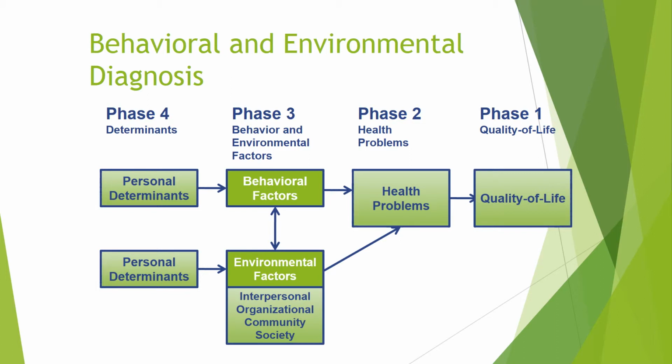So, for example, if I grow up in a family where everybody smokes cigarettes, then that may directly affect my health because I may have poor lung function because I was around secondhand smoke, but it may also affect my behavior by making me more inclined to smoke because everybody I see around me smokes. So that's why there's arrows going up from environmental factors to behavioral factors and then also across over to health problems.